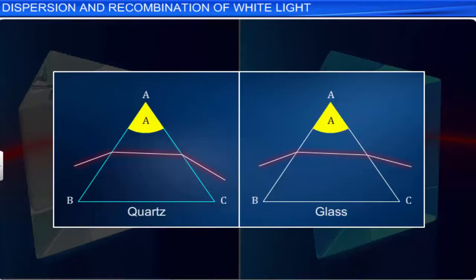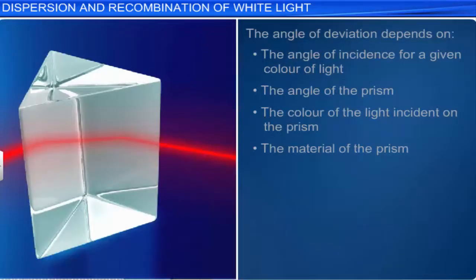Hence, the angle of deviation depends on the angle of incidence for a given color of light, the angle of the prism, the color of the light incident on the prism, and the material of the prism.